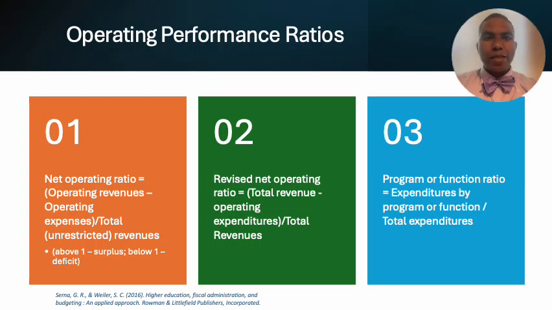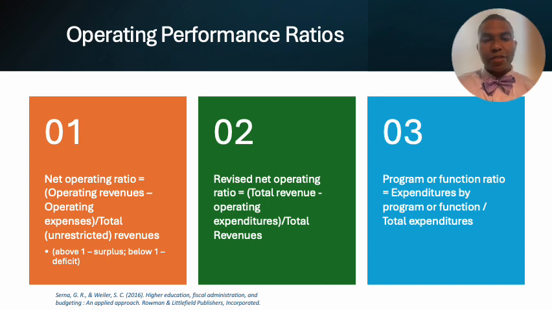All right, so let's talk about operating performance ratios. We have the net operating ratio, the revised net operating ratio, and the program or function ratio. The net operating ratio is calculated by taking your operating revenues minus your operating expenses, and dividing that by essentially your total unrestricted revenues.